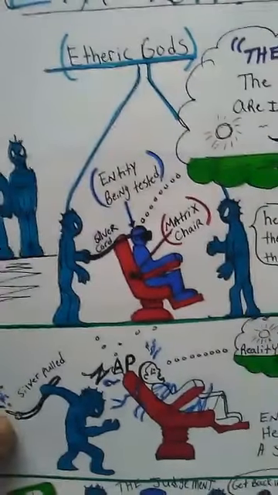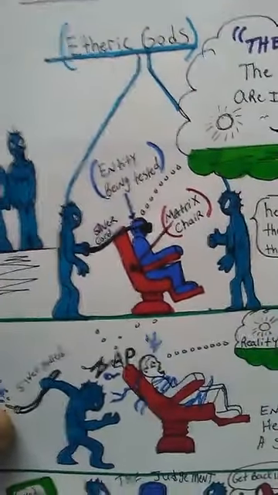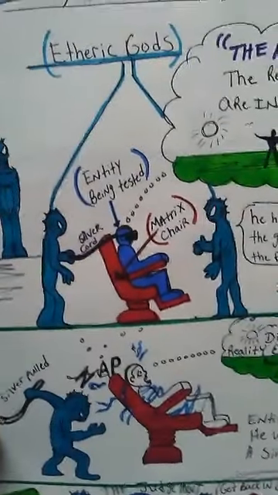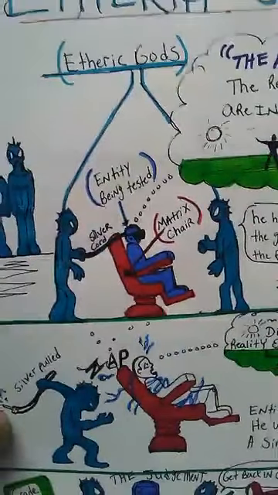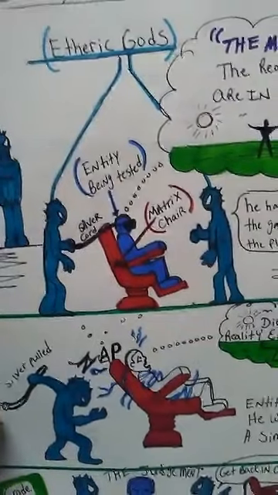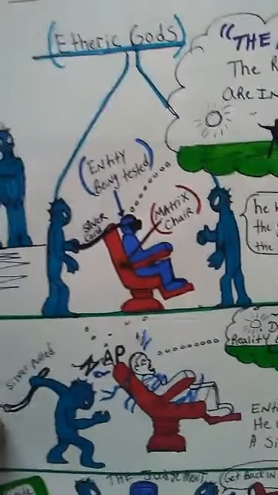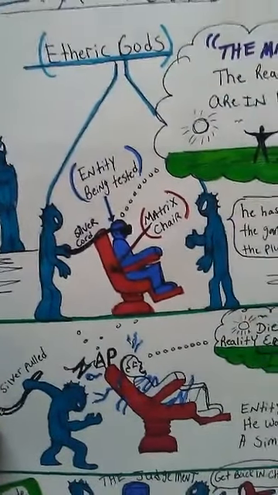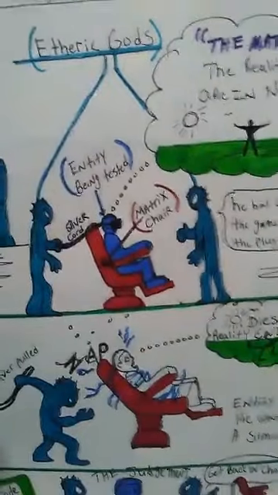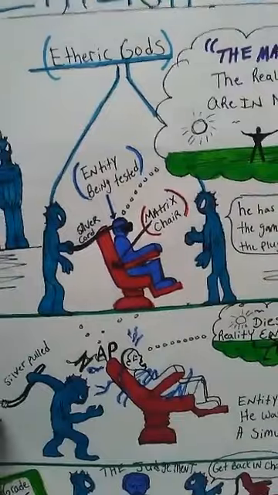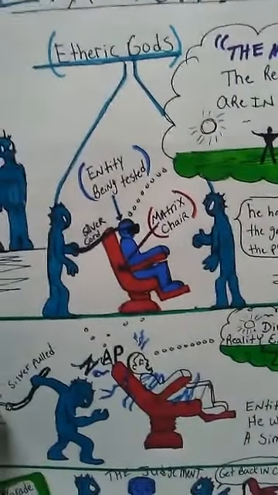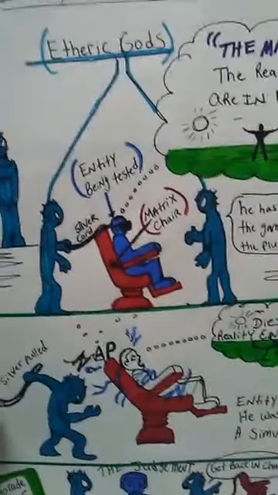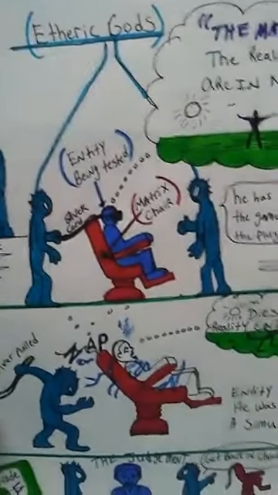So as you see, this guy is sitting down in this matrix chair. He's sitting down in this matrix chair because he has to be put through this simulated environment, which is a test. So they will put the virtual goggles on, as you can see. The etheric gods sit him down in the matrix chair, and then they will place these virtual goggles over his eyes.